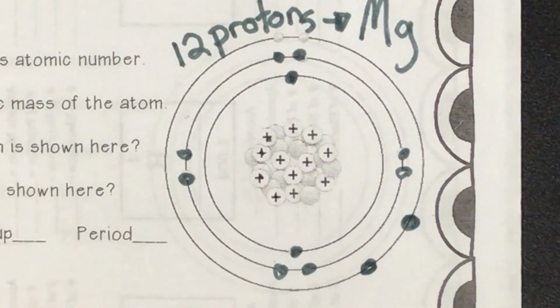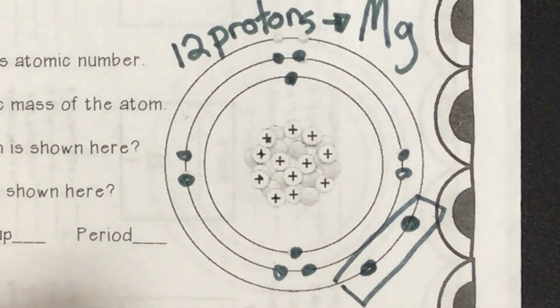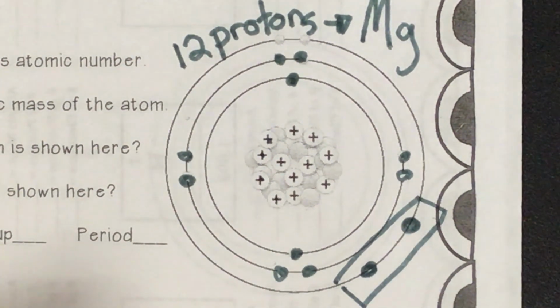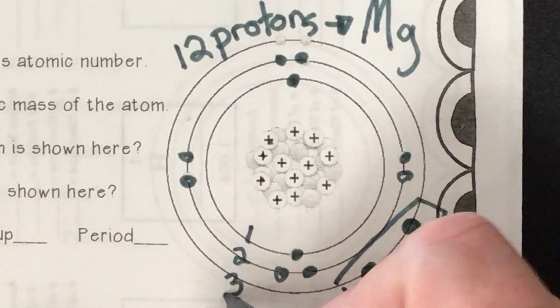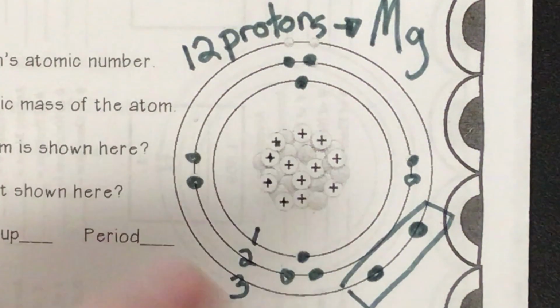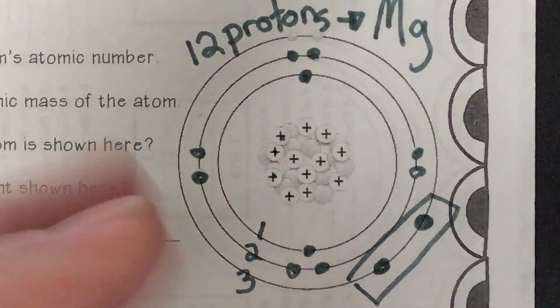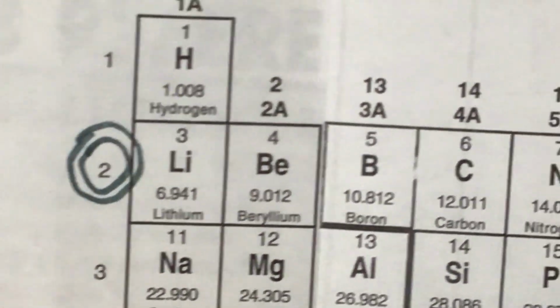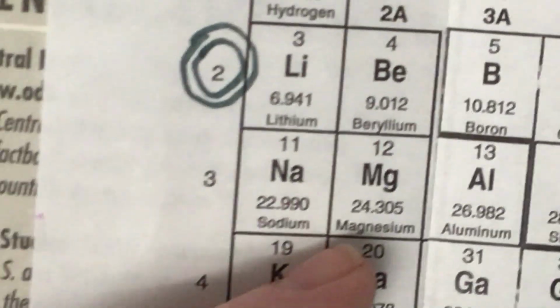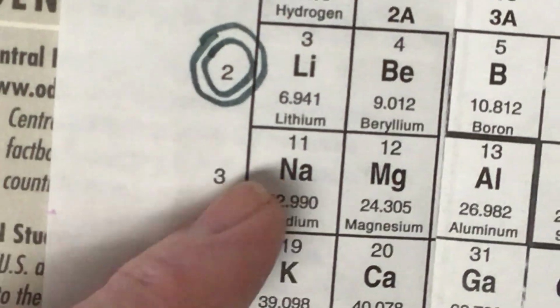How many valence electrons? Okay, good. We have 2 valence electrons. How many energy levels? 3. If we look at the periodic table, magnesium should be in group 2A. Is magnesium in group 2A? Yes. And y'all said it has 3 energy levels. It should be on period 3.